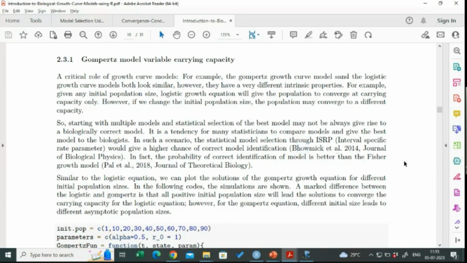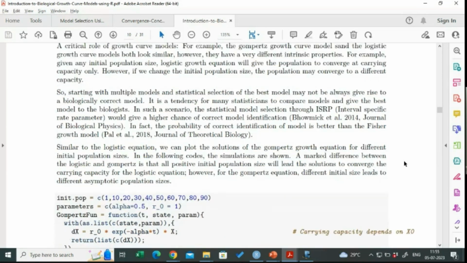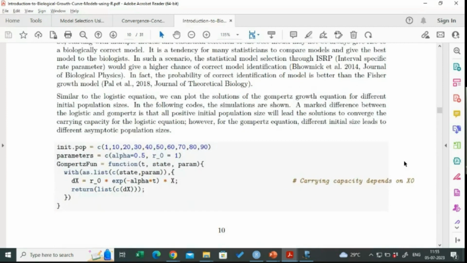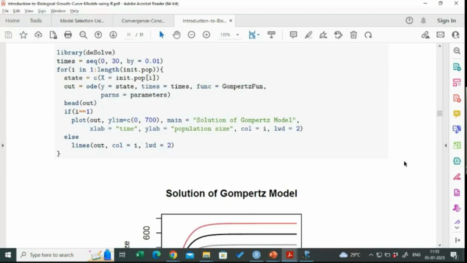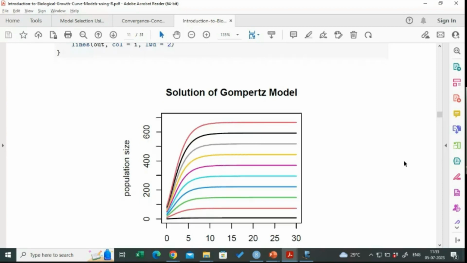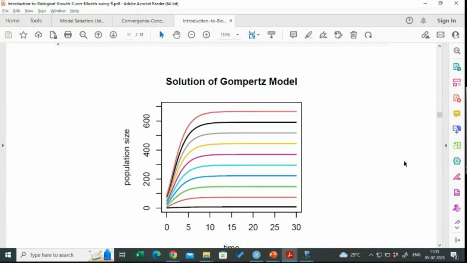Right. I have tried to put down some of the interesting characteristics about the Gompertz equation, that is, where the population is going to settle down. For a Gompertz equation, the population gets settled down at some point, but it depends on the initial population size.